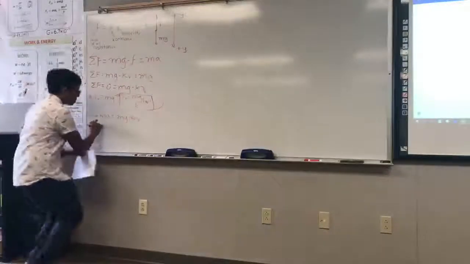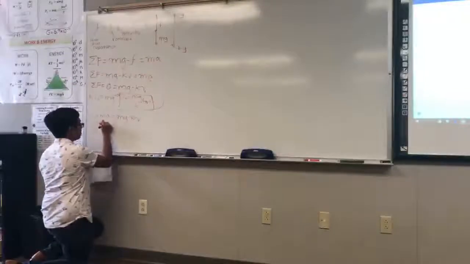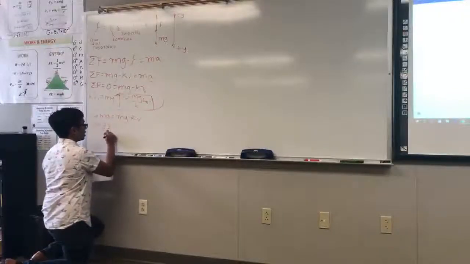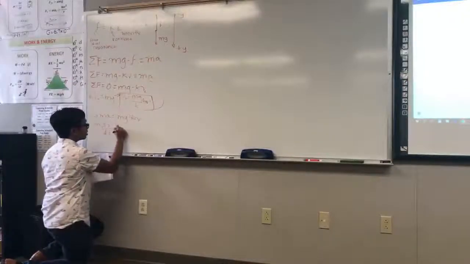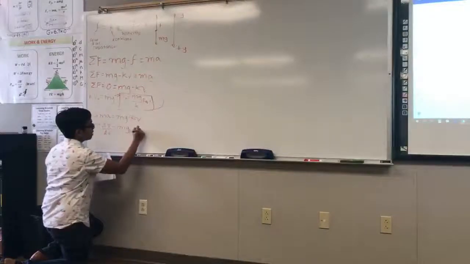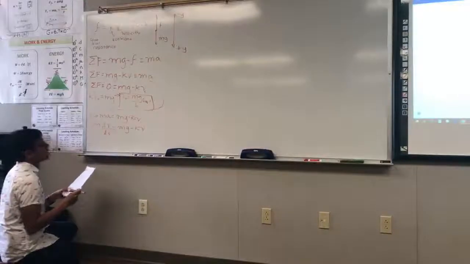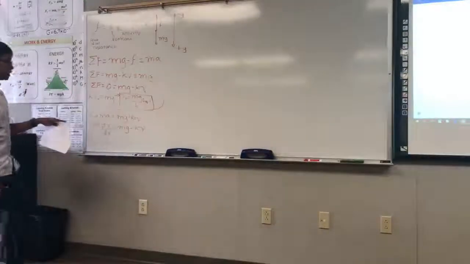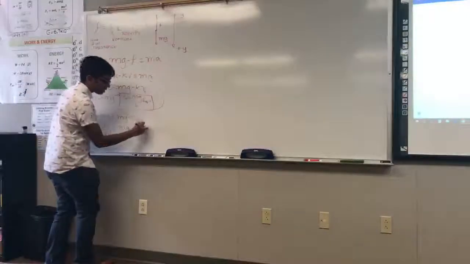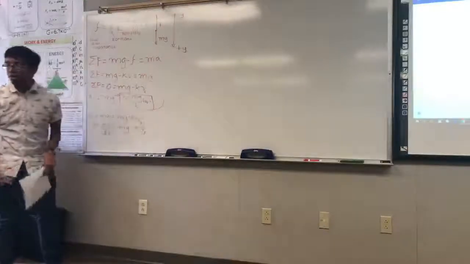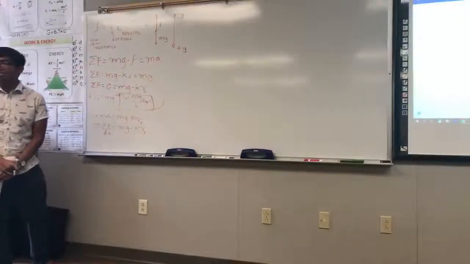So do you see that we can write m dv/dt equals mg minus kv. And actually, just to make this more clear, I'm going to label this as vy because we're going in the y-axis. You don't need that, but I do that.